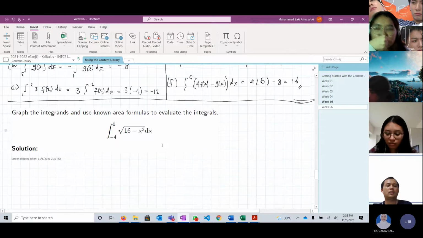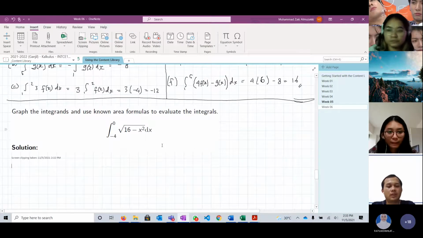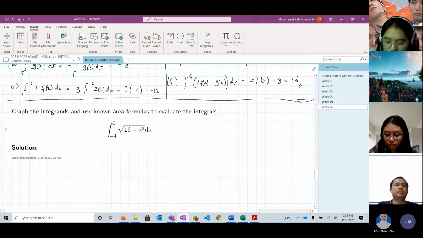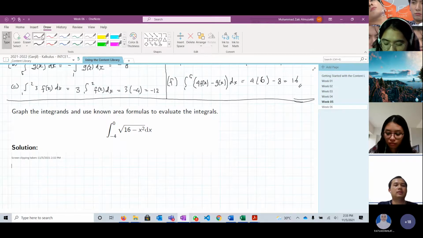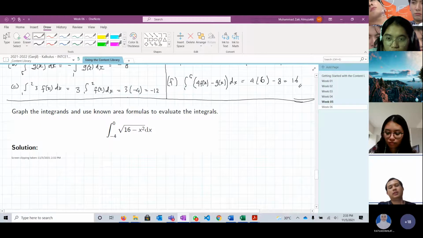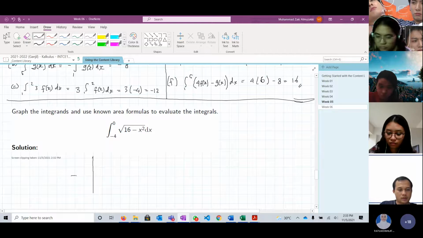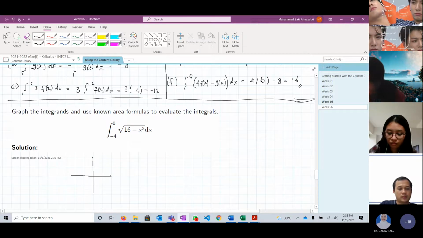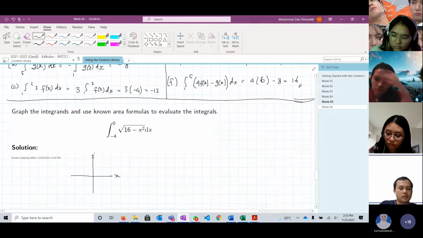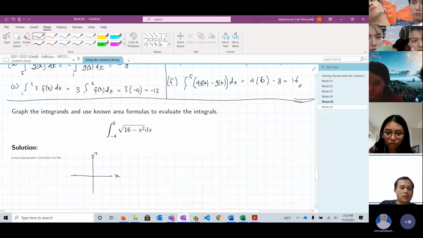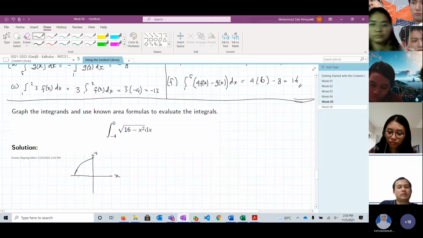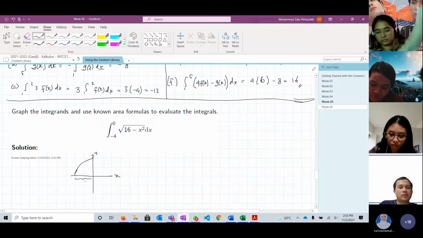Graph the integrands and use known area formulas to evaluate the integrals. So if we graph it, since we want to compute from minus 4 to 0, we have a quarter of a circle with radius 4.